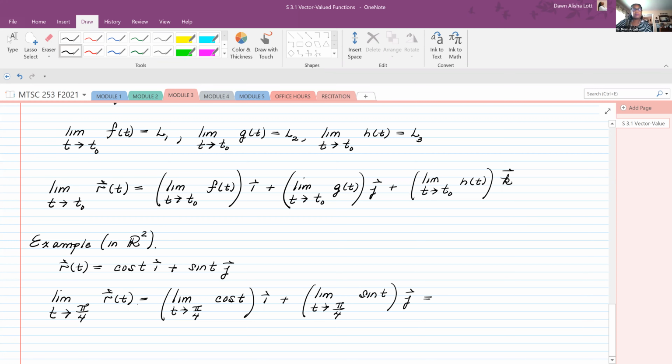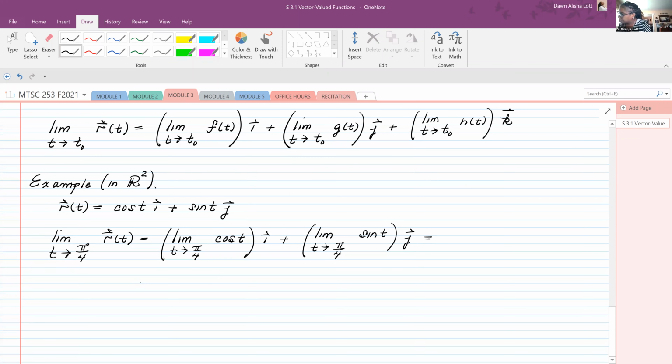Well, this limit is the root of 2 over 2. And this limit is also the root of 2 over 2.